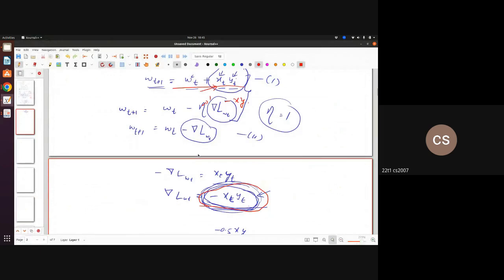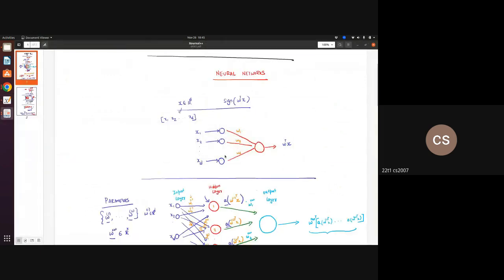In case of regression, we'll be comparing this W transpose X value with the actual Y value, right? And we'll compute the squared loss. Now, what is W transpose X? W transpose X we get from this W1, W2, WD, and these weights will be multiplied by whatever we get over here.